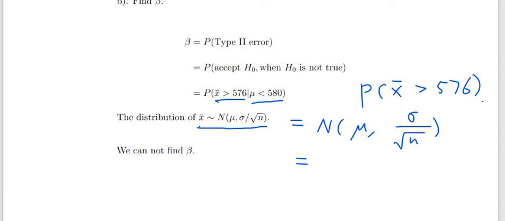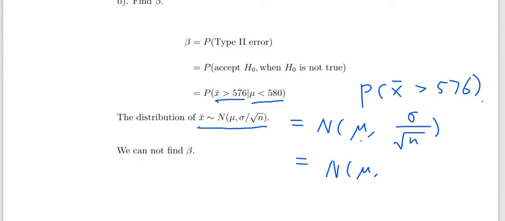Here we have some trouble, like we don't know the exact value for mu. We only know mu is less than 580.